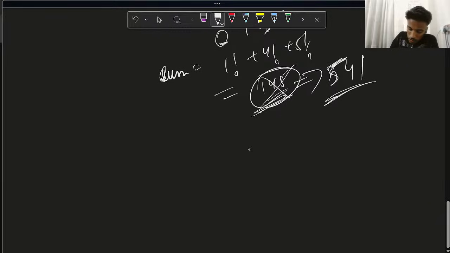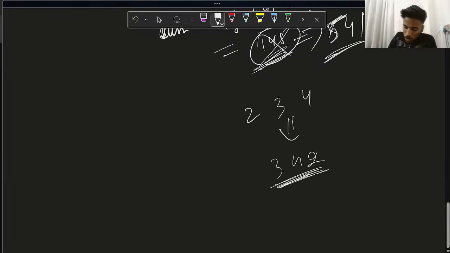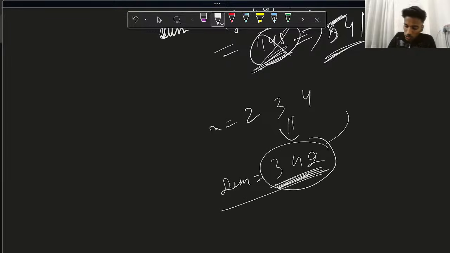Like you are given 2, 3, 4, okay, and in the output you may get 3, 4, 2. Like the sum of factorials, you may get something like this. Okay, so I am just referring to this case where you are given some n and you calculate the sum. Now, in order to rearrange these digits into those digits, we only have to check one thing: the frequency of each digit in n should be the same as the frequency of each digit in this sum.